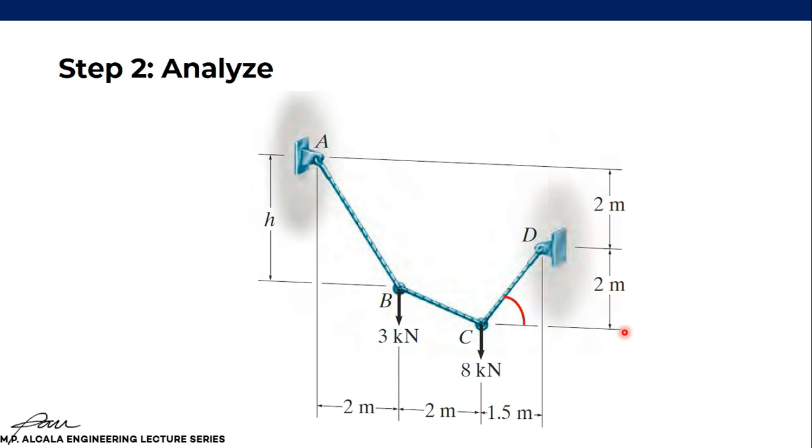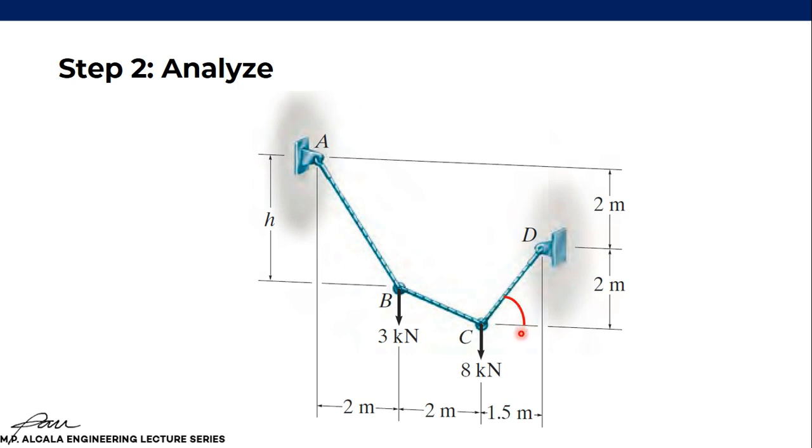Now, we are also to analyze the following angle. At step 2, given the height here of 2 meters and the length of 1.5 meters, we can get theta, the angle of cable CD.